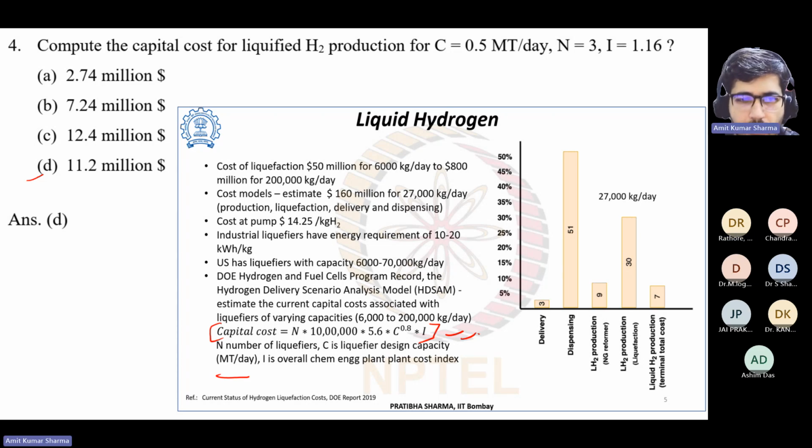That's a very important thing. Whenever you do any calculation, you have to be careful with the units.